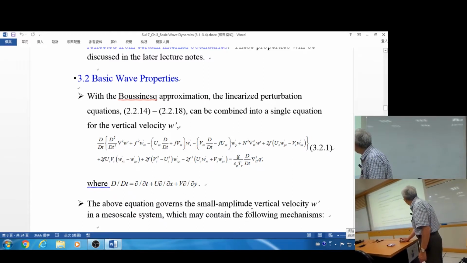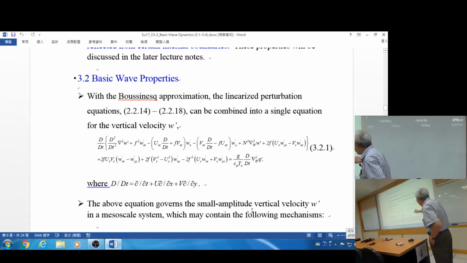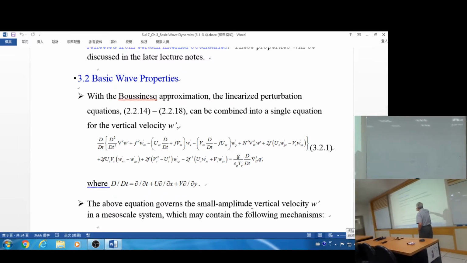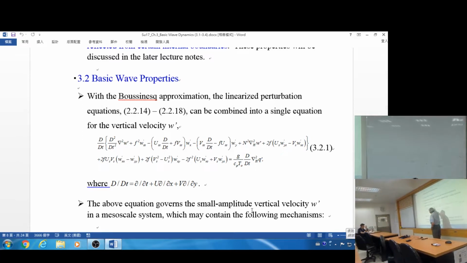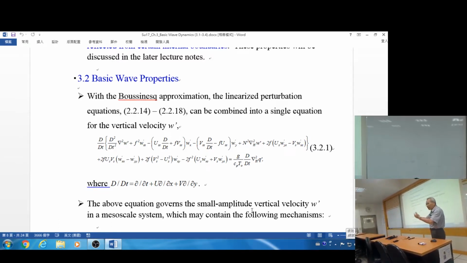Besides the waves, there are also different kinds of mechanisms. When you have wind shear, U_g, V_g, there's a potential, not guaranteed, it's not a sufficient condition. There's a possibility that you can have shear instability from vertical shear.